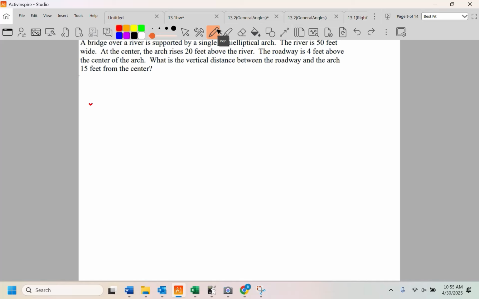The roadway is 4 feet above the center of the arc. All right, Milbrath, you should have read the text. The bridge is supported by the ellipse, okay? That's not perfect, but it's a whole lot better than what I had.